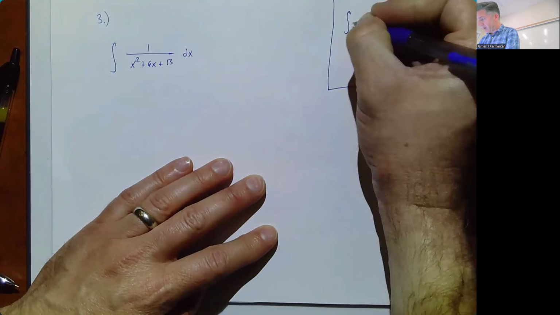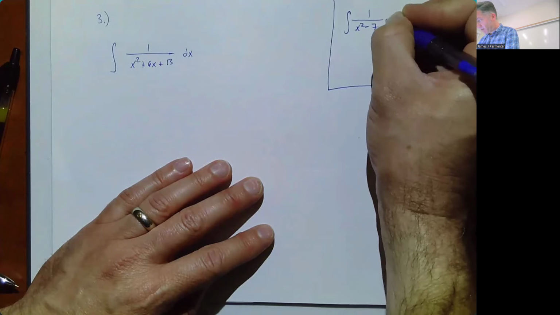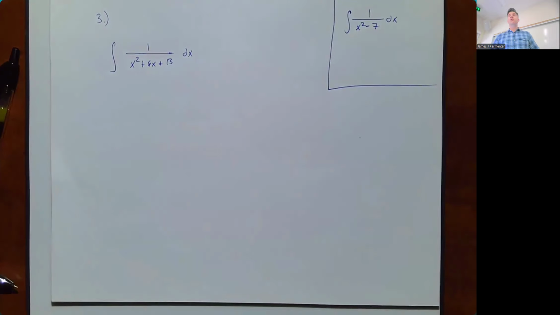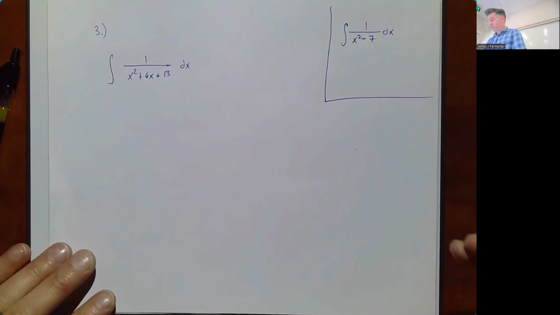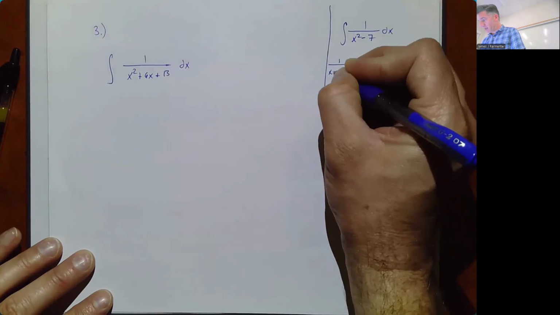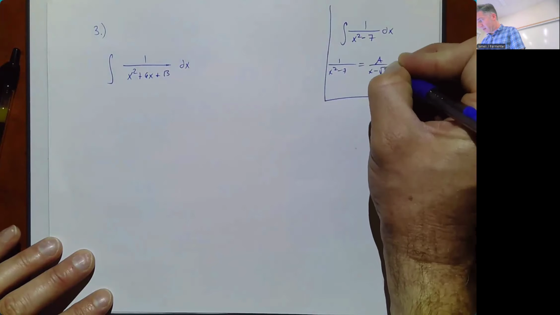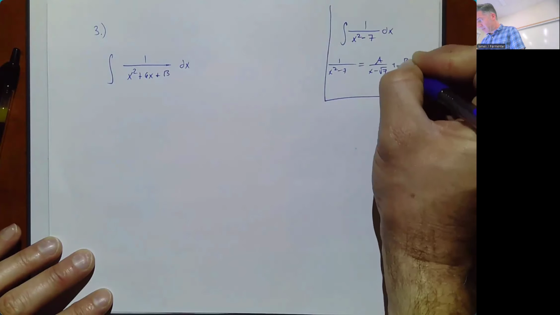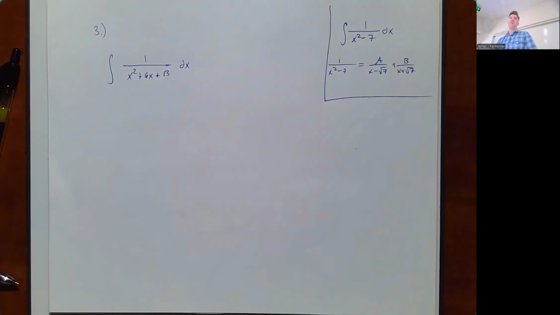So technically, although it's annoying and hopefully no one would ask you this, if you were faced with the integral of, say, 1 over x squared minus 7, you could do that integral using partial fractions, where you would write 1 over x squared minus 7 is equal to a over x minus root 7 plus b over x plus root 7. And that is really the only way to do that one.